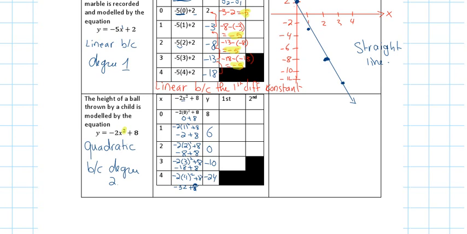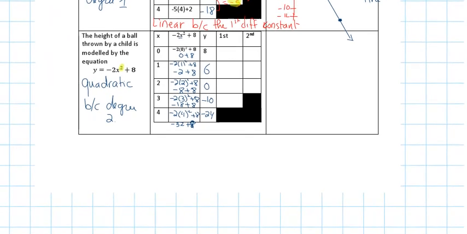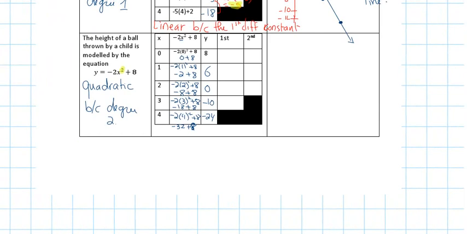So in the table of values, I have to do the first difference. The first difference tells me I have to do the bottom y value minus the top y value. So that's going to be 6 take away 8, which is negative 2. Then 0 take away what?